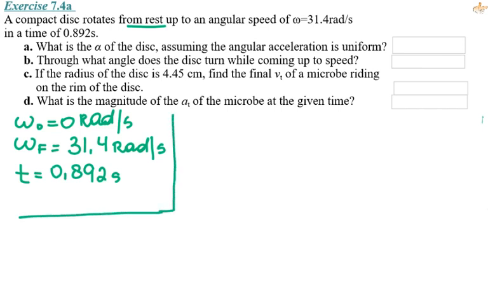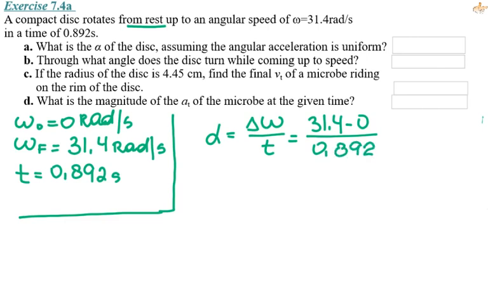So the angular acceleration is the change of the angular velocity over the time. That gives me 31.4 minus 0 divided by 0.892, which equals 35.2 radians per second squared. The next question is asking, through what angle does the disk turn while coming up to this speed?